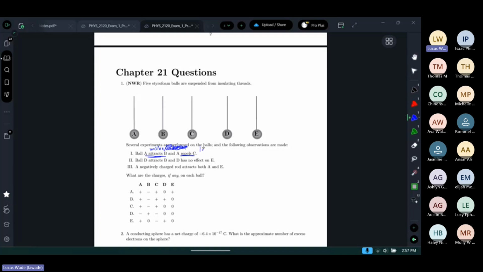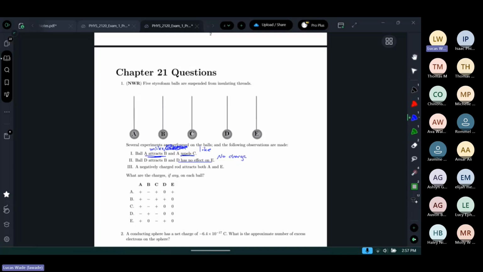But these are like charges. Okay, I move on to 2. Ball D attracts B, and D has no effect on E. What's the only way that they could have no effect on each other? They don't have any charge. Yes. Okay, that makes sense now.